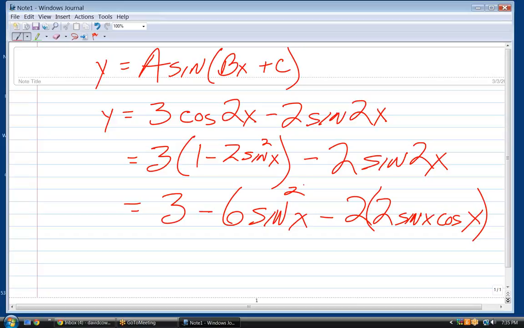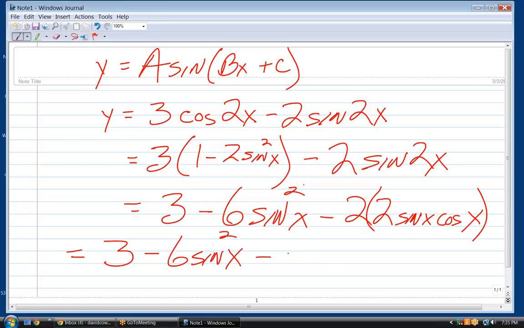Now I could write cosine x as the square root of 1 minus sine squared x. Well, let's see what happens. I haven't run into a problem like this, I don't think, ever. But let's just follow our nose here and see if we can come down to that other equation there.